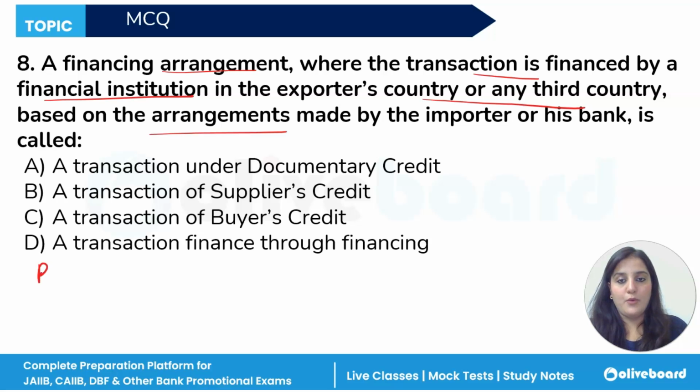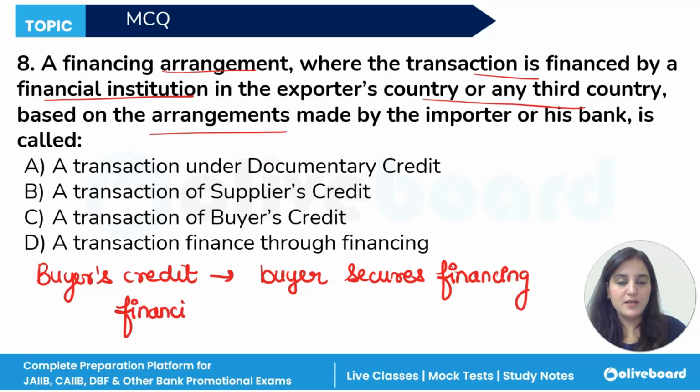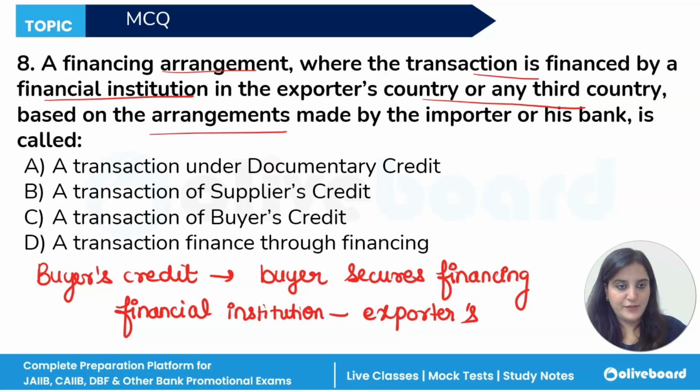If we talk about buyer's credit, in a buyer's credit arrangement, the importer, that is basically the buyer, secures financing from a financial institution in the exporter's country or a third country.